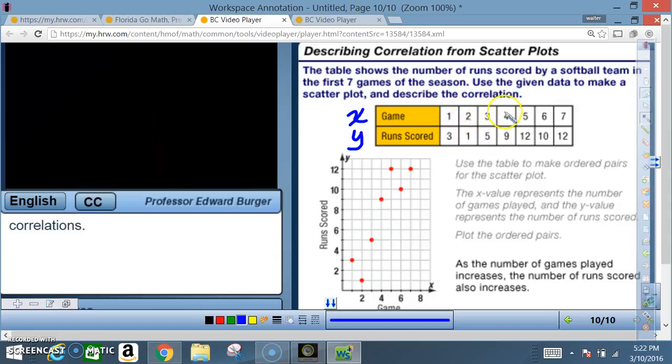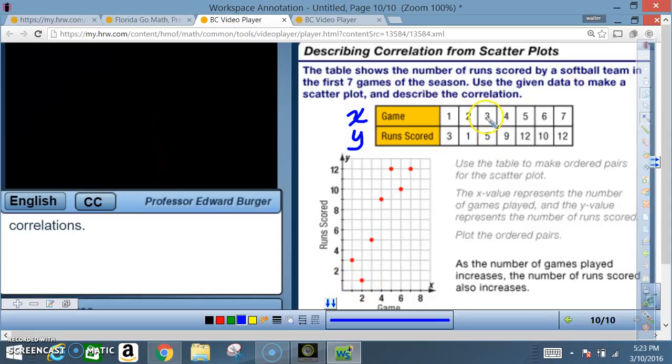When you graph, the first point is x is 1 and y is 3. 1, 2, 3. That's that point. Next you have x is 2 and y is 1.